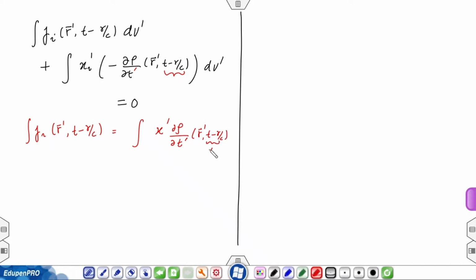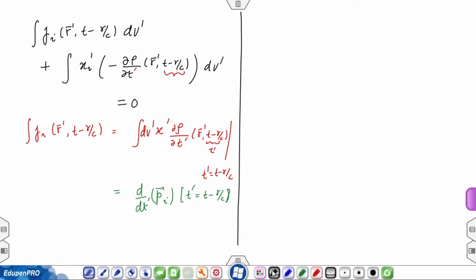This is t prime calculated at t prime equals t minus r over c, dv prime. And this you can easily see is nothing but integral of d by dt of p I, ith component of the dipole moment, calculated at time t equals t minus r over c. If you like, you can write this t prime here, t prime equals t minus r over c, same thing.